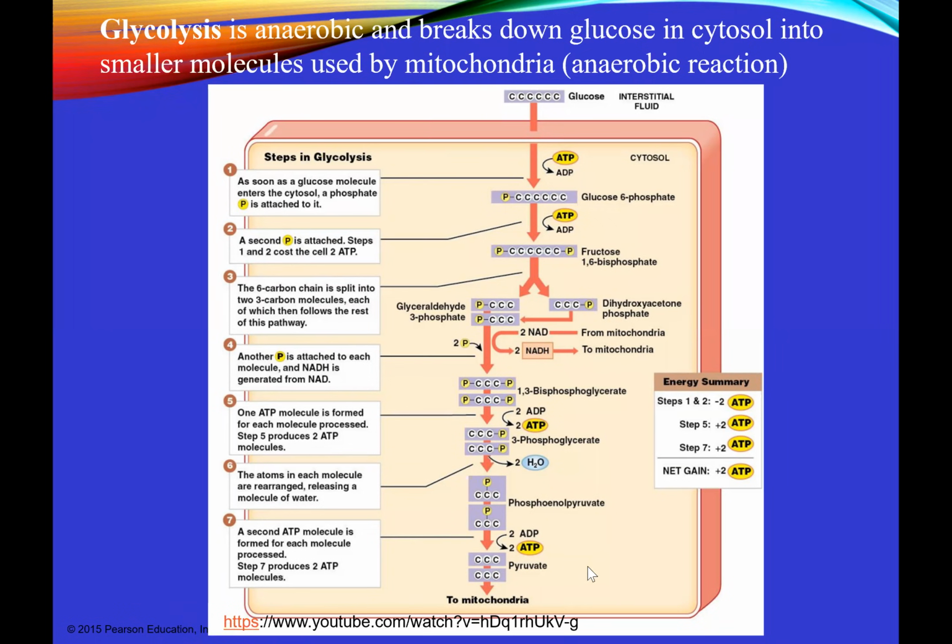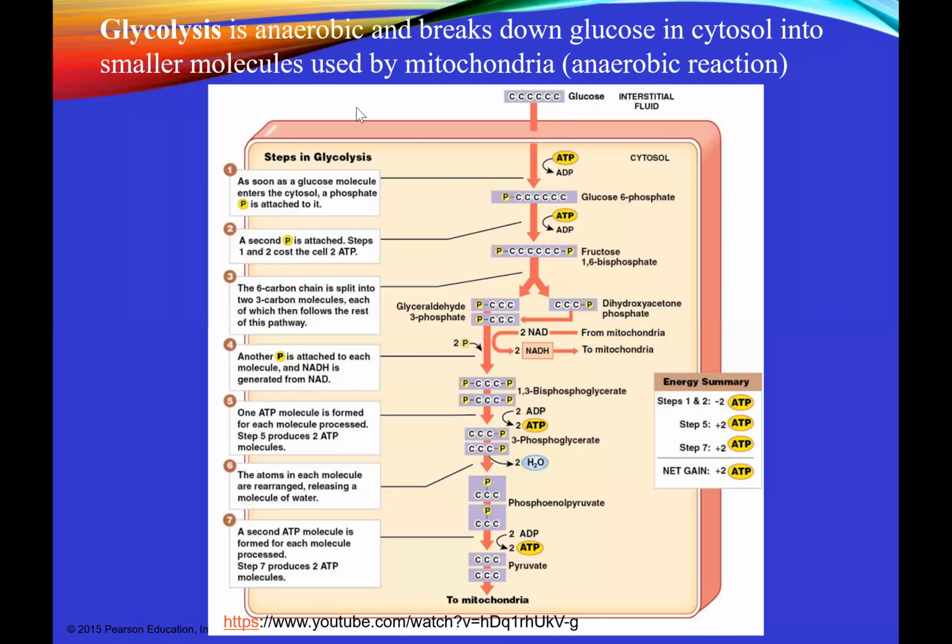Sorry, I'm wrong. It's called pyruvate. A 6 carbon glucose will break down to a 3 carbon compound called pyruvate. So this is happening in the cytoplasm. It is anaerobic. It can proceed even in the absence of oxygen.